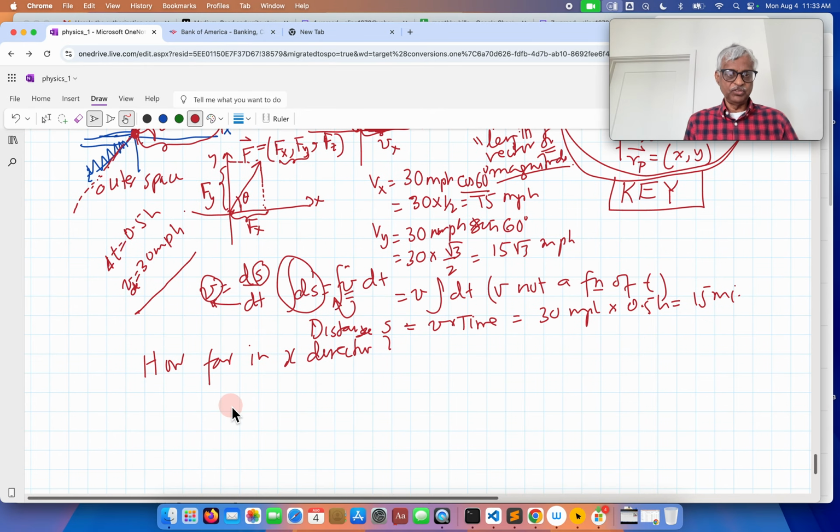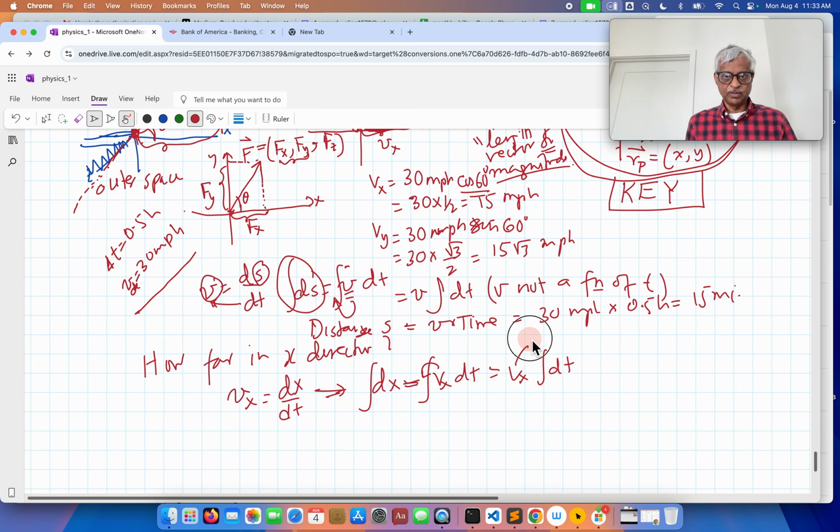Well, there's Vx equals dx/dt. So dx equals Vx dt. Integrate. Vx is constant, so total x, delta x, is going to be Vx times delta t.